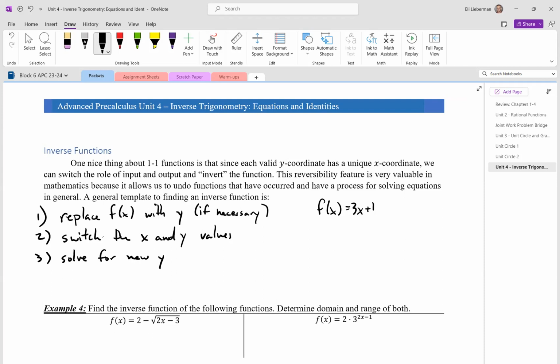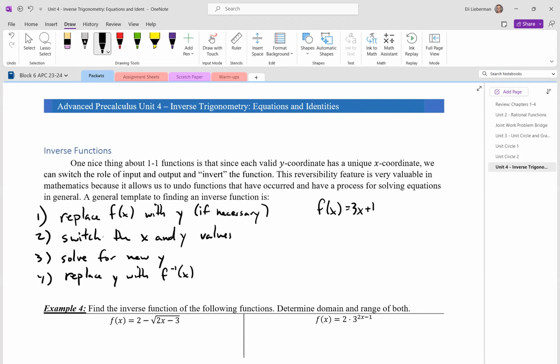And then as step 4, I'm going to ask you to replace y with f inverse of x, just to make sure it's very clear that is the inverse.